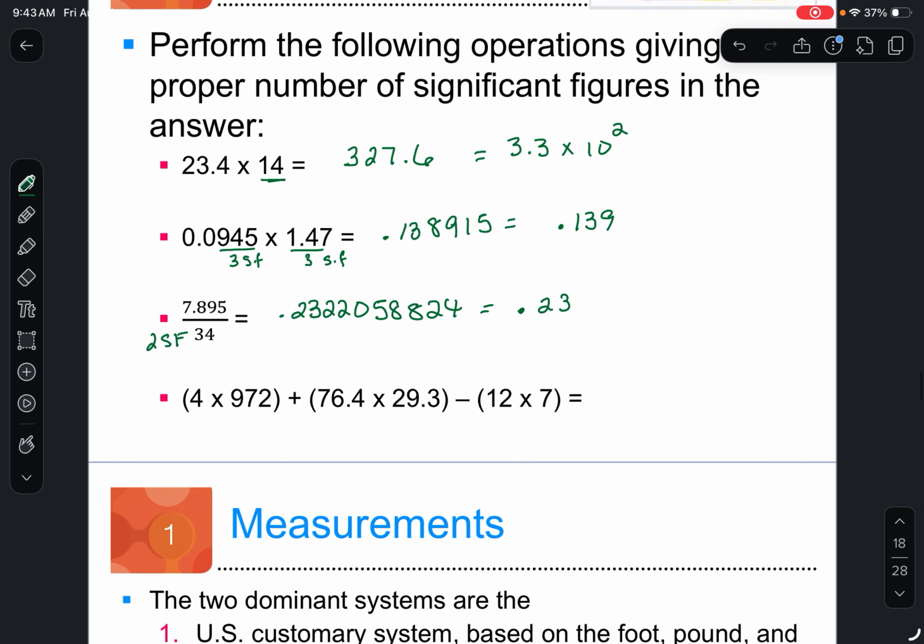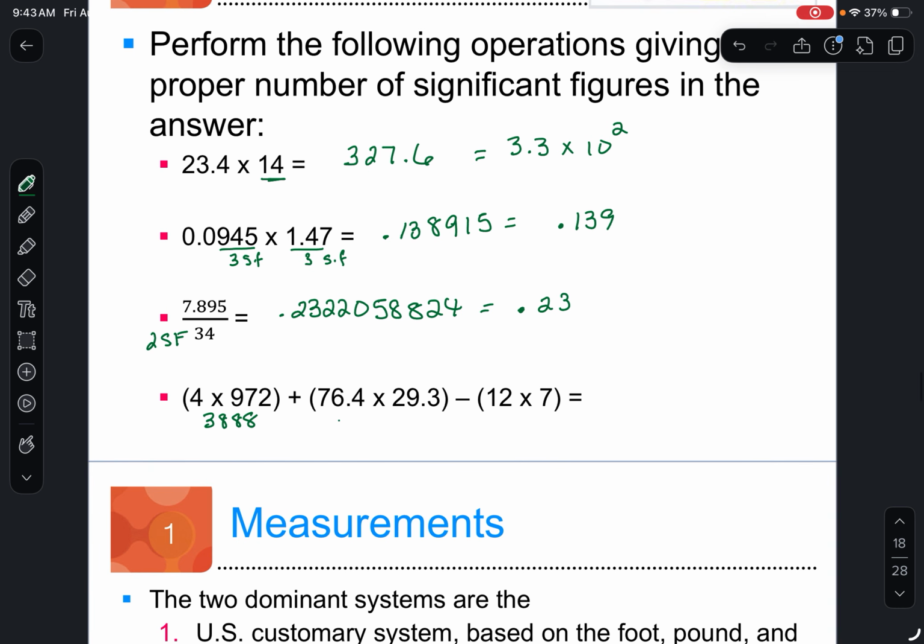Okay. Now, this next one is kind of a big string, so we can do it separately. So 4 times 972, we get 3888. 76.4 times 23.3, you get 2238.52.